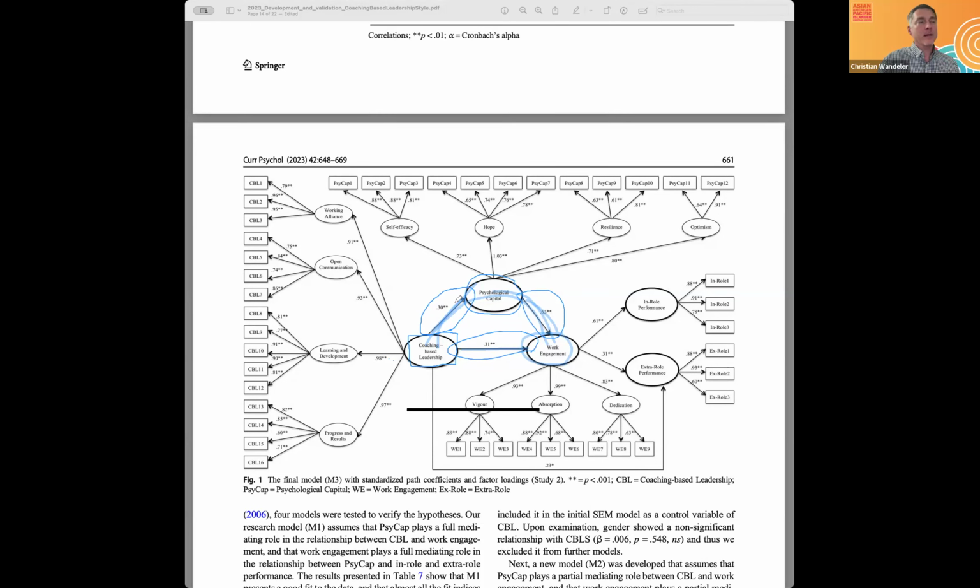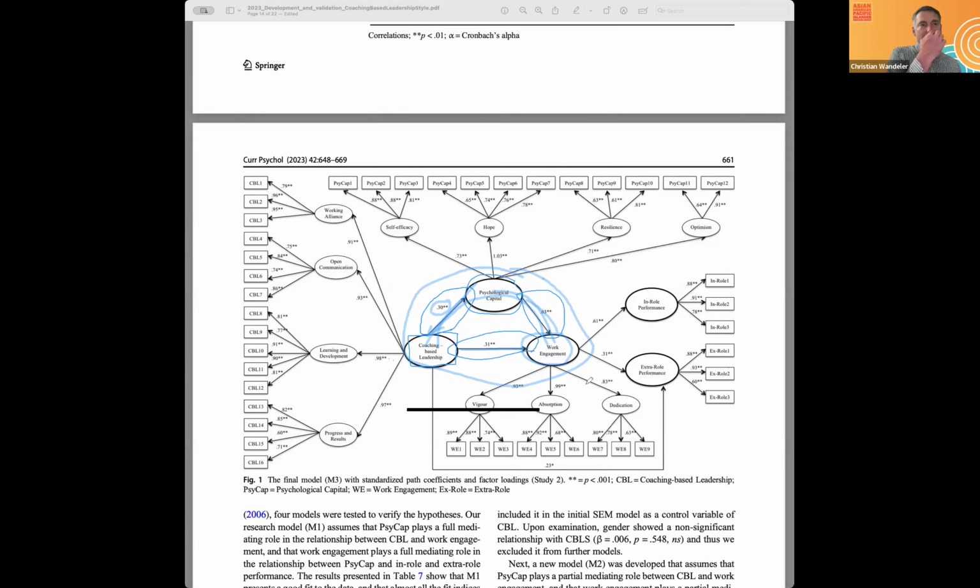A simpler way to say this is a regression coefficient from coaching-based leadership to psychological capital, or you could think of it almost like a correlation. It could also go the other way. You could draw it the other way, and it will also be 0.3. That's basically their second study: does coaching-based leadership have an impact on work engagement? That's a substantive question, and that's why this is the structural model.